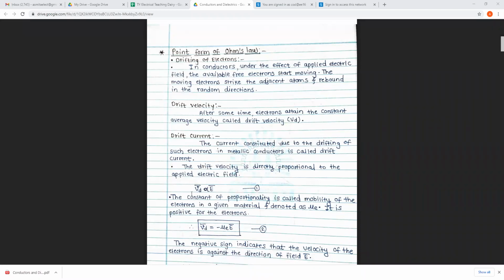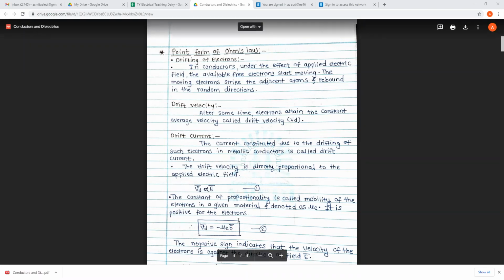So this drift velocity is denoted by v bar d, and it is proportional to E bar. So the constant of proportionality here is mu e. And what is mu e? This mu e is the mobility of electrons.